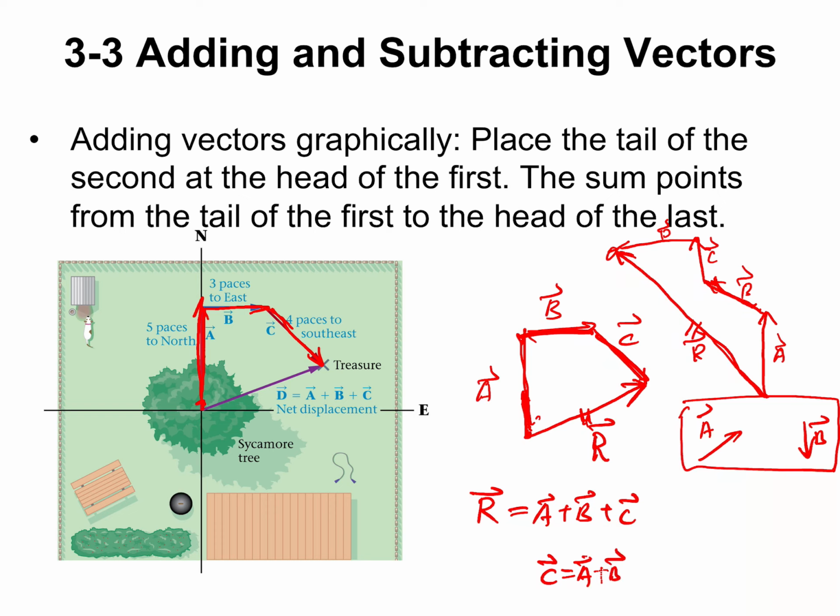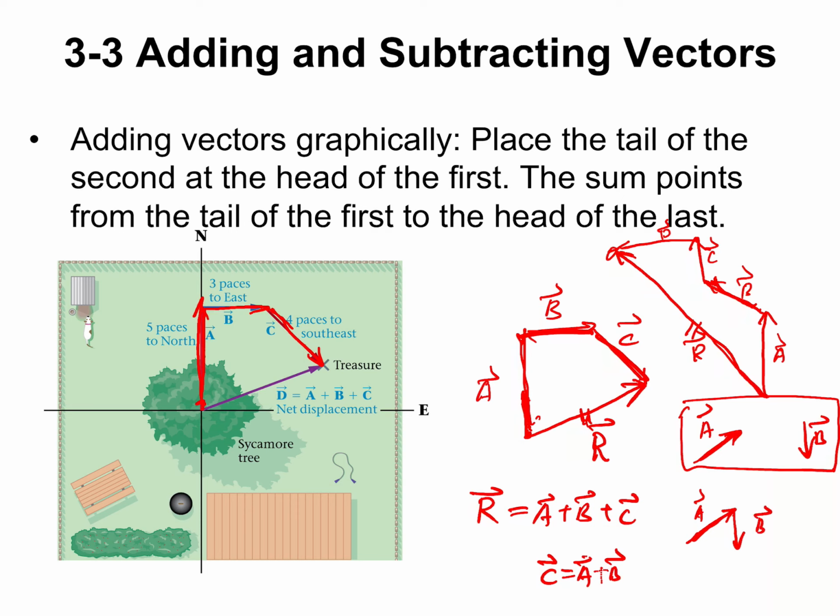What you do here is you draw the first vector. This is A. You can move the A vector anywhere you like, so just move it here. You draw the first vector, and then at the tip of the first vector, you draw the second vector. Drawing means you just move the second vector parallelly to here.